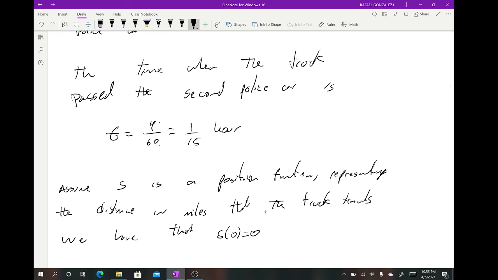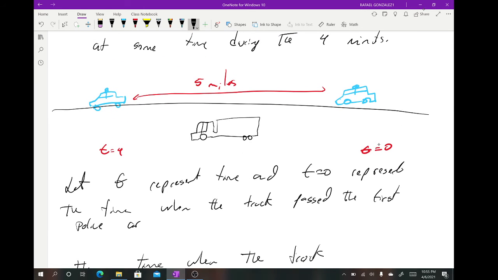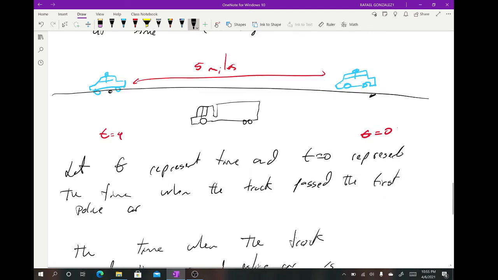That's the initial time when you've passed the first police car. Actually I wanted to say s of t here, with respect to time. So s of 0, you just passed the first car when t is equal to 0. So when t is equal to 0, you're right here with the first police car. When t is equal to 4, you're right here with the second police car.